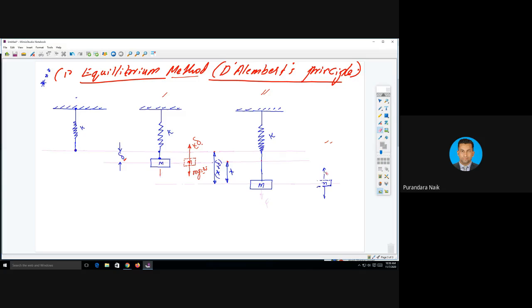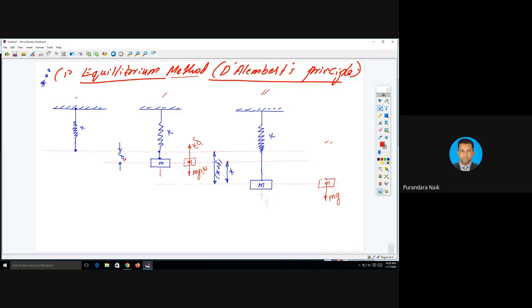Here I'll take a representation of mass. So this is my mass, m. The very first force is always mg. You know that. That is the self mass or self weight. It is in the downward direction.